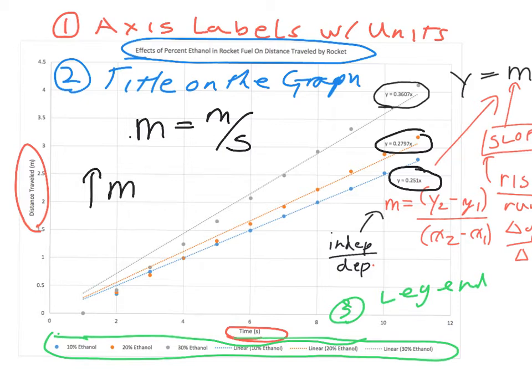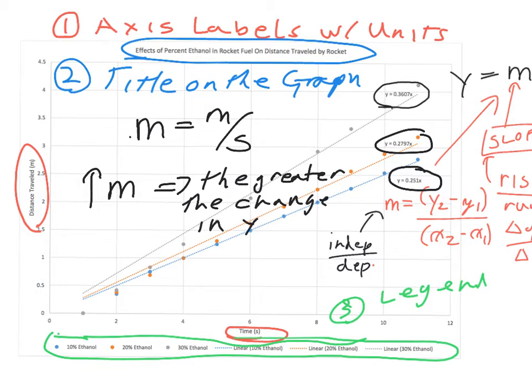The larger the number of the slope, the greater the value of the slope, the greater the change in your dependent variable per unit of your independent variable.